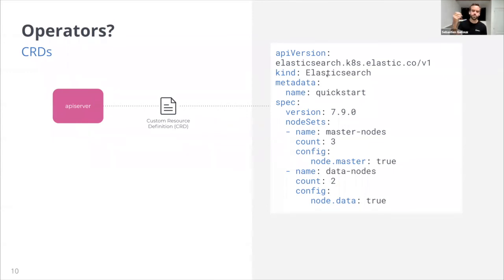So in this custom resource definition, we specify that the resource kind Elasticsearch has a field named spec. And in that field, there's another field called version, then another one called nodeSets, which is actually an array, etc. So as a user, you just have to write a custom resource, which is basically this YAML file on the right that respects the schema of the custom resource definition of the Elasticsearch resource.